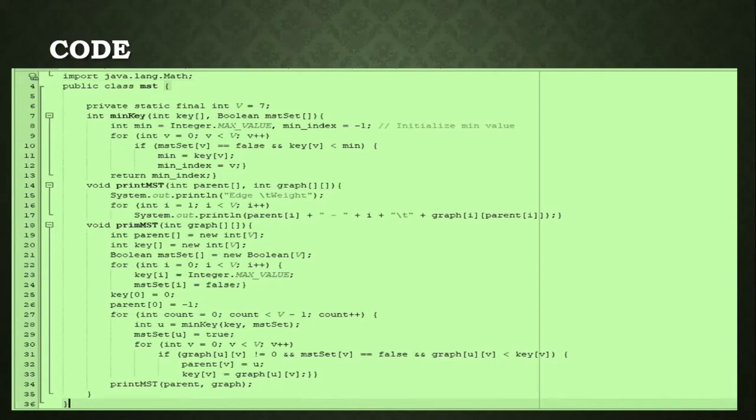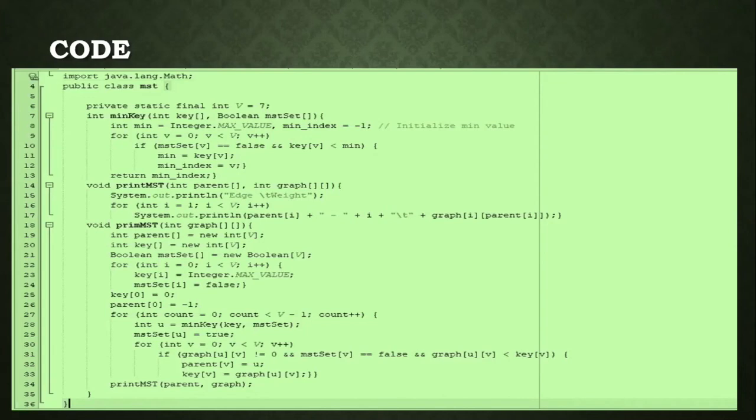Then if MST set equals false and key V is less than min, that means whatever vertex we are choosing should not be in the MST set already, and if its value is less than the previous value, then we will take the new value.